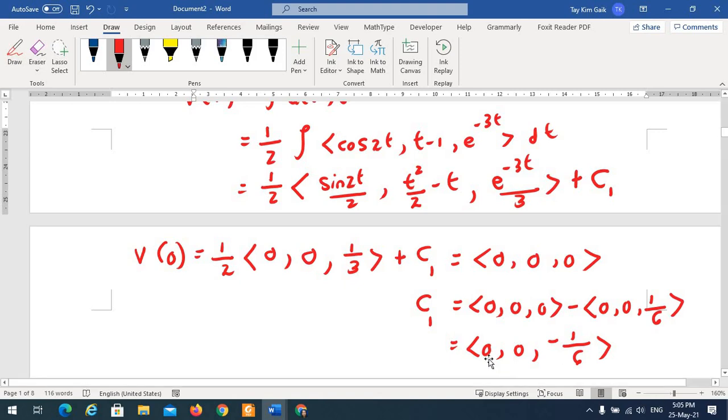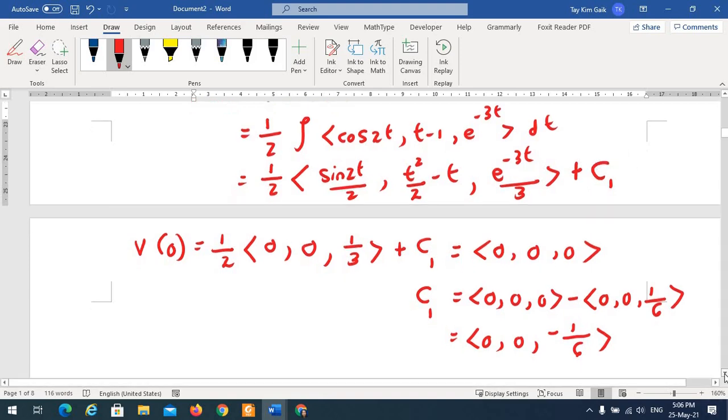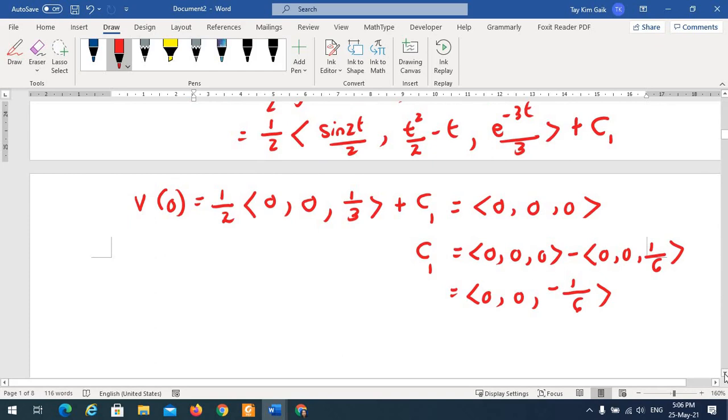So c1 is 0i plus 0j minus 1/6 k. Add this back to get your v(t): component i is 0, component j is 0, and only component k you subtract 1/6.